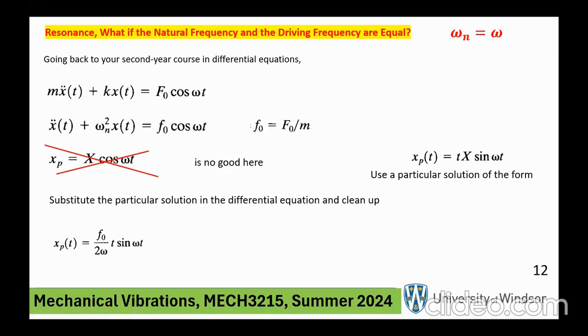The particular solution becomes f naught divided by 2 omega, you can call it 2 omega n or 2 omega because they're the same, times t times sine of omega t. And if you still don't believe me, plug it in there, you see that you get equality. So the key is putting this t in front of that expression, and don't take cosine, take sine.